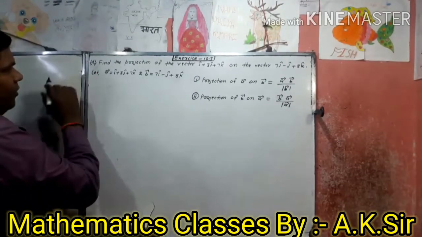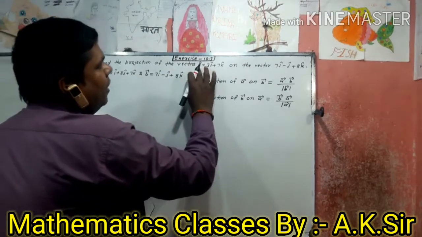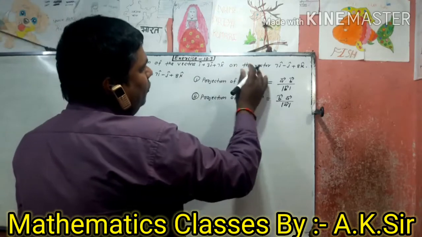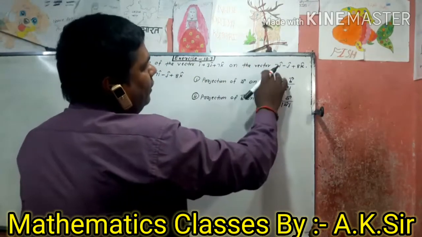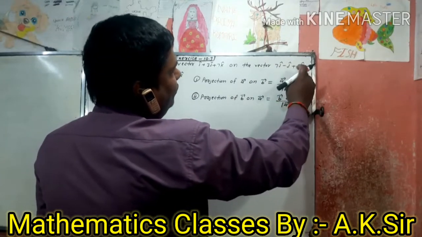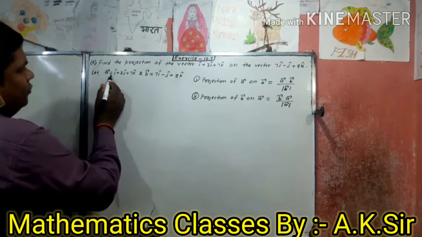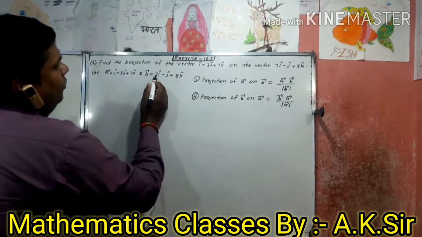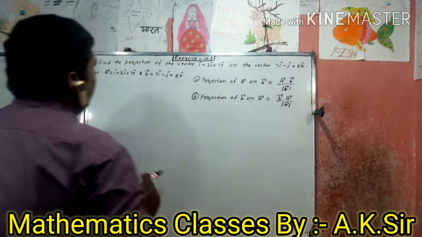Next, question 4. Find the projection of the vector i cap plus 3j cap plus 7k cap on the vector 7i cap minus j cap plus 8k cap. Let A vector be i cap plus 3j cap plus 7k cap and B vector be 7i cap minus j cap plus 8k cap.